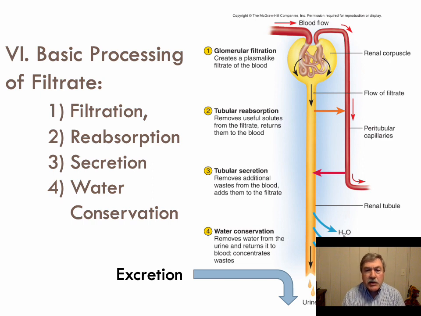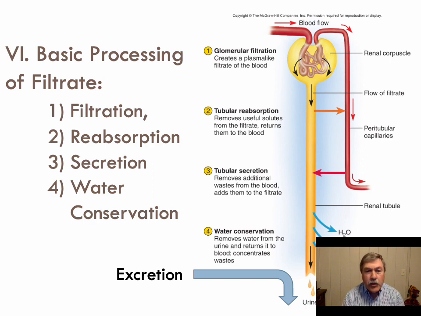Secretion is basically just the opposite of reabsorption. It's the transport of waste products and toxins and drugs that did not get filtered from the peritubular capillaries into the filtrate that's in the lumen of the tubule. So that gets rid of toxic substances that may not have gotten filtered, and those toxic substances can then pass out with the urine.